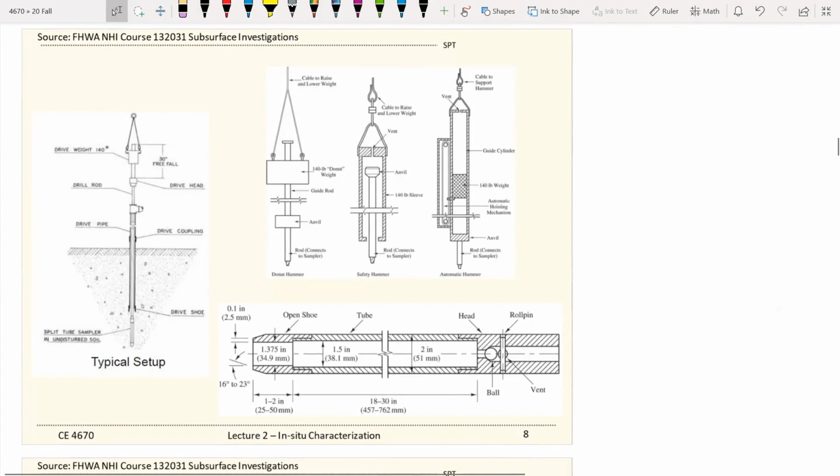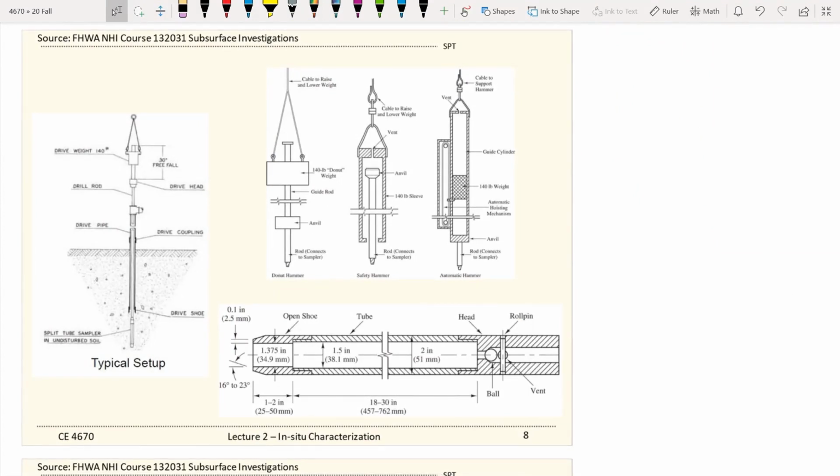So here is another picture to look at the device. So this is the hammer again, and you have a driving head, and you have a certain drop height to pound on your drive pipe.